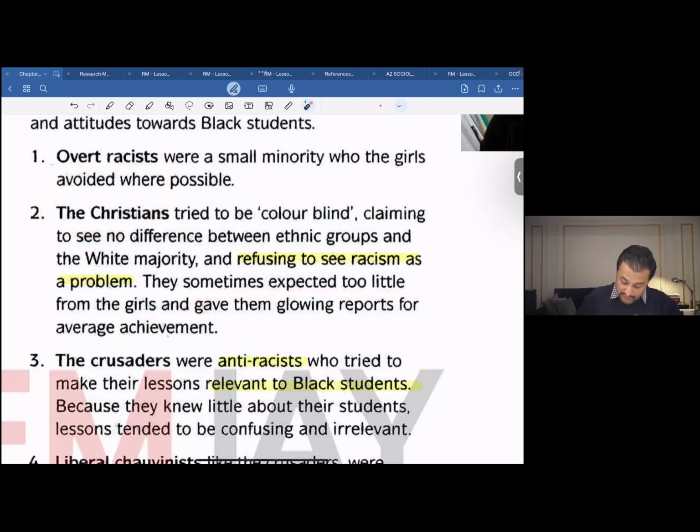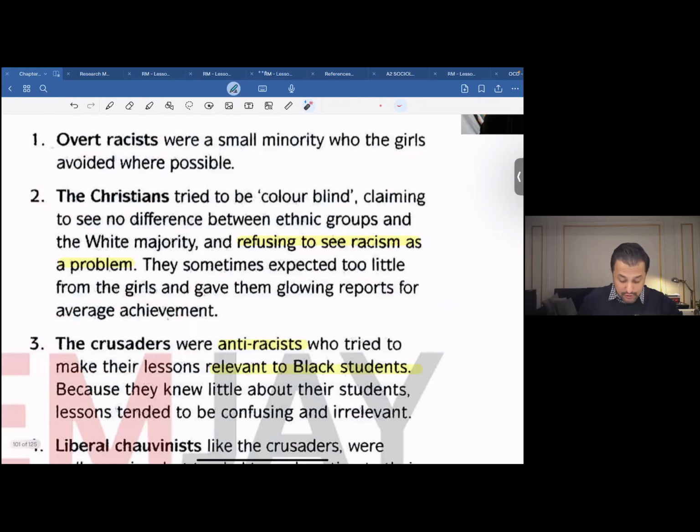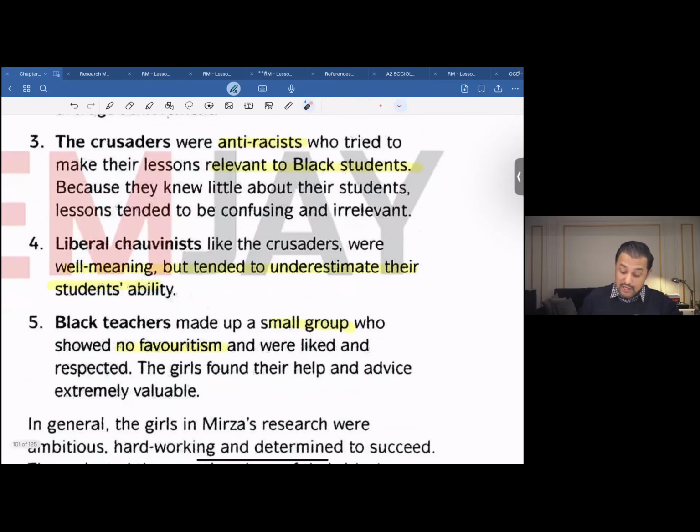Number three, the third category of teachers over here, according to Mirza, are the Crusaders. They were anti-racist and they were probably good at heart as well. However, even though they tried their level best, probably to the best of their capacity, to make their lessons relevant to Black students, they were not Black themselves.